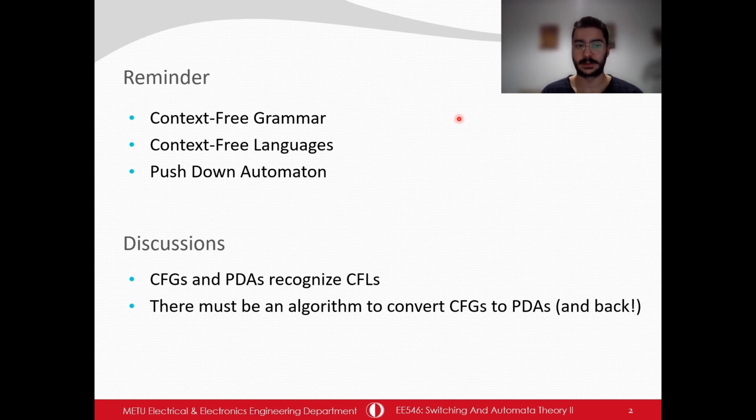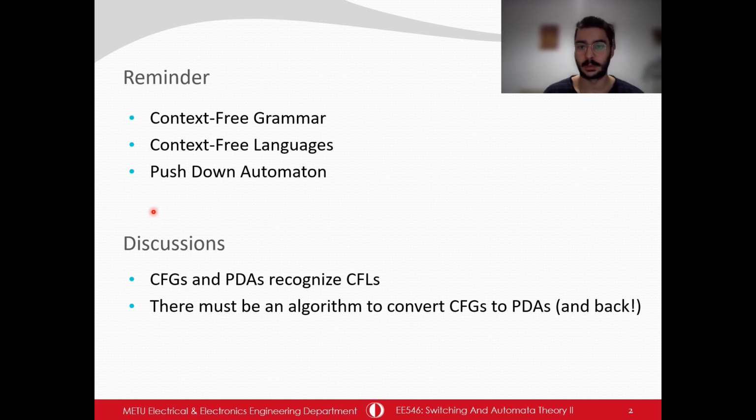As a prerequisite to this course, we need to know what context-free grammars are and the languages they recognize, which are context-free languages, and the automatons we use to produce these languages, which are push-down automatons. And if you remember, they are epsilon NFAs combined with a stack.